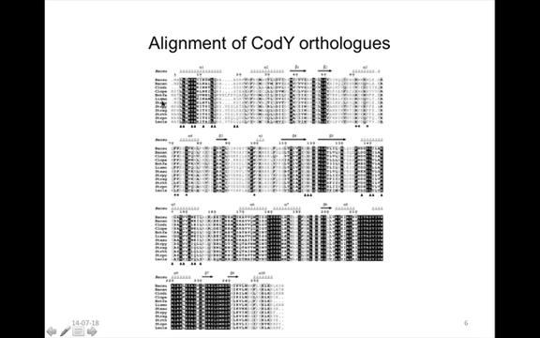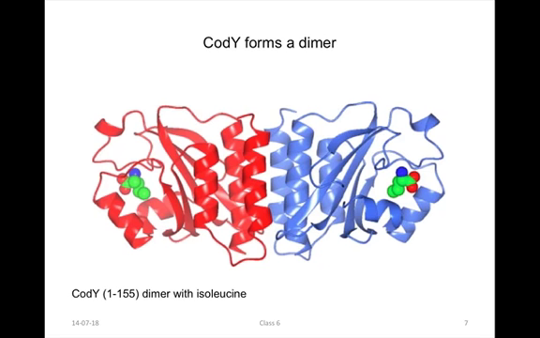It's not really found in gram-negatives, just in gram-positives, and especially Streptococcus and Bacillus. That's where it's been studied. It forms a dimer. In this picture from the paper, it shows the isoleucine inside of the binding pocket.